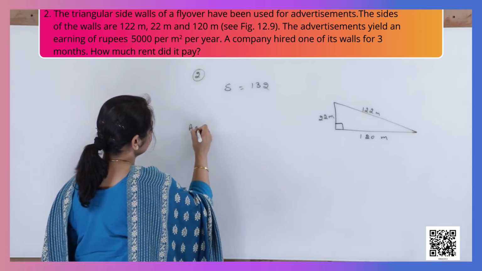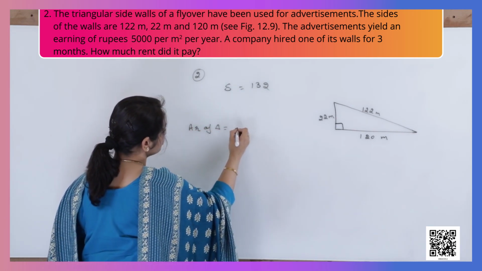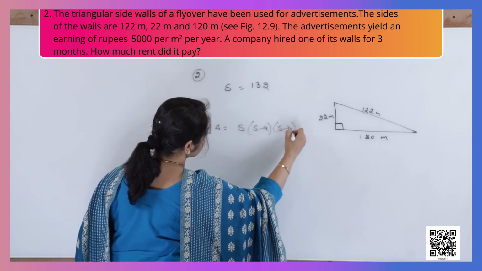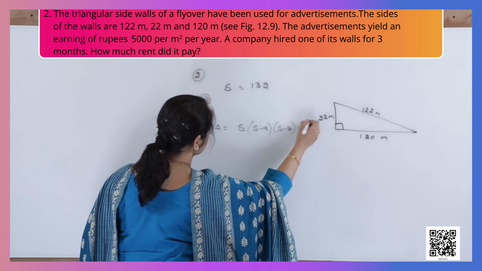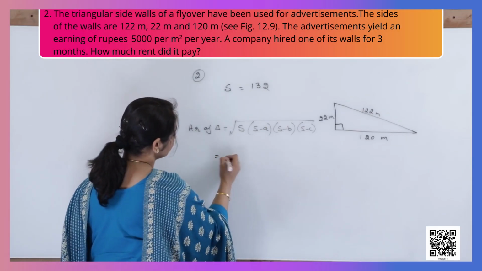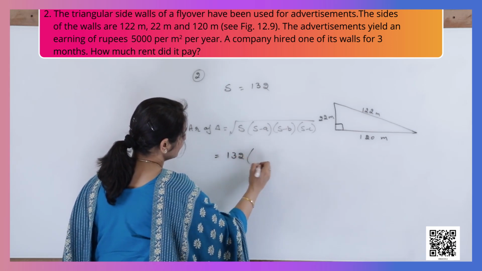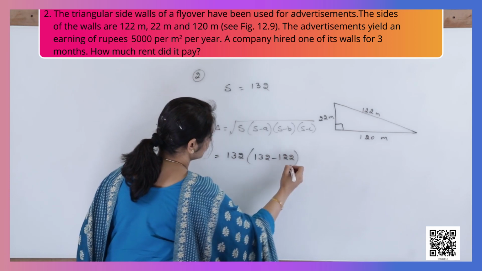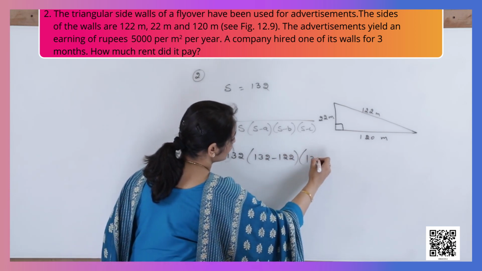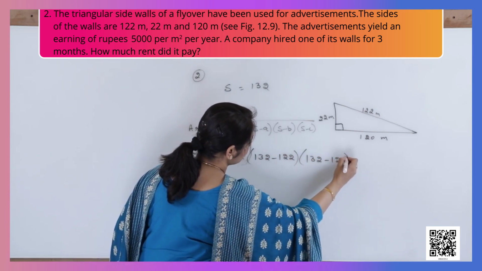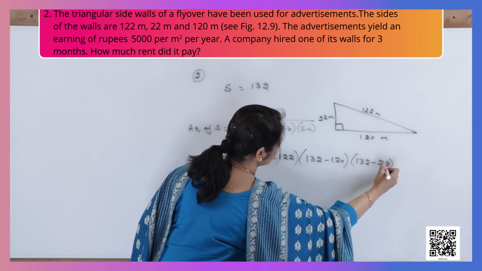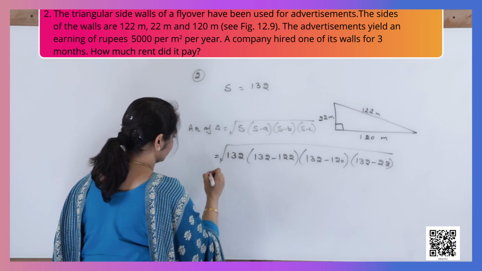That is, area of triangle is equal to square root of S into (S minus A) into (S minus B) into (S minus C). Now putting the values, we will have 132 multiplied by (132 minus 122) multiplied by (132 minus 120) multiplied by (132 minus 22), square root.